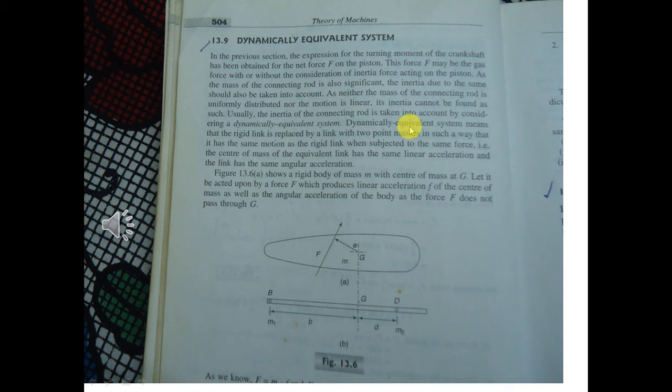Dynamically equivalent system means the rigid link is replaced by a link with 2 point masses. So we assume a rigid link, and this rigid link is replaced by 2 point masses, and mind you, this link is a massless link. The rigid link is replaced by a link with 2 point masses in such a way that it has the same motion as the rigid link when subjected to the same force.